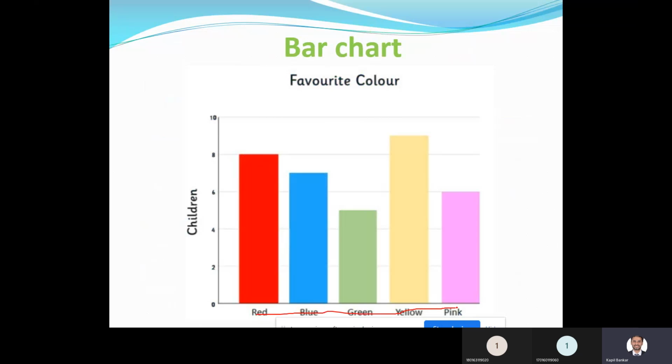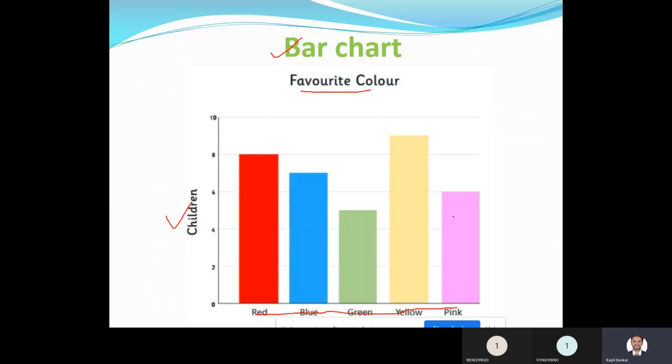So this is categorical data. And on the y-axis, again, it is frequency. This bar chart is drawn against the favorite color of different children. Suppose red is favored by 8 children, blue something, green 5, yellow 9, and pink 6.